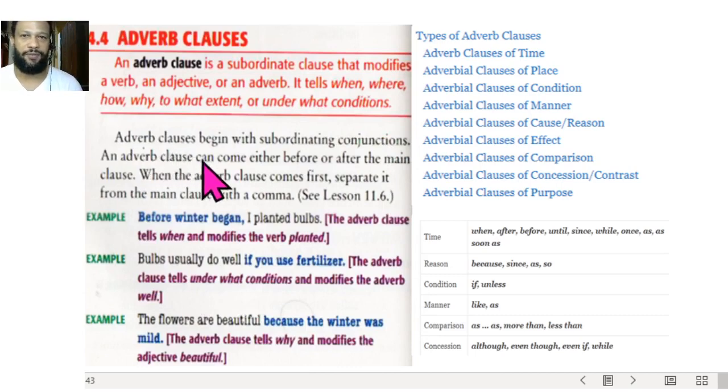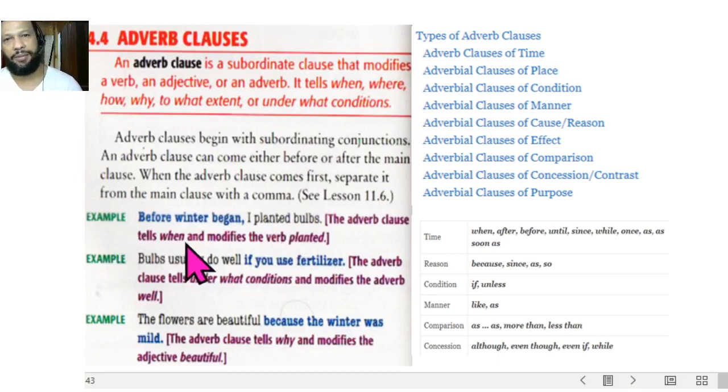You see, adverb clauses begin with a subordinating conjunction, and an adverb clause can come either before or after the main clause. One difference between adverb and adjective clauses is that adjective clauses almost always, let's not say always, follow the noun they are affecting, but adverb clauses might fit into different places within the sentence.